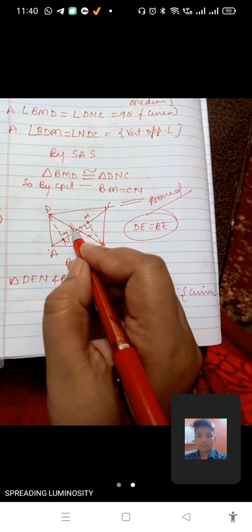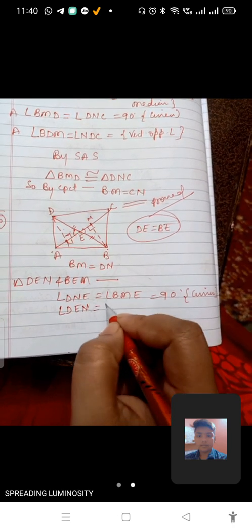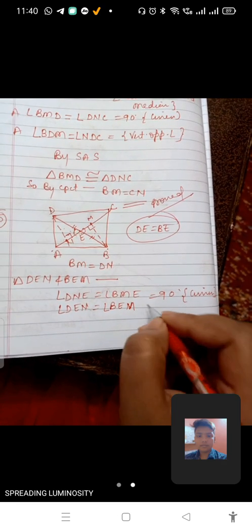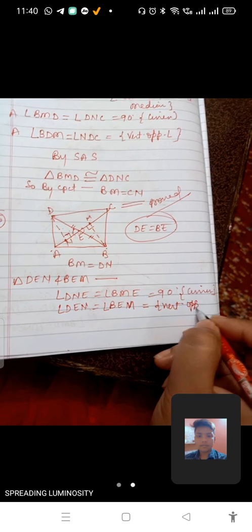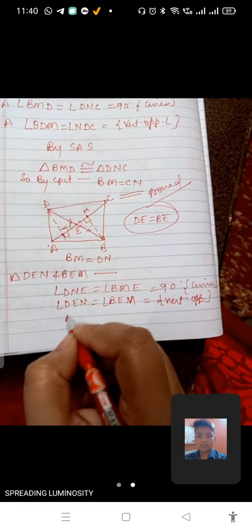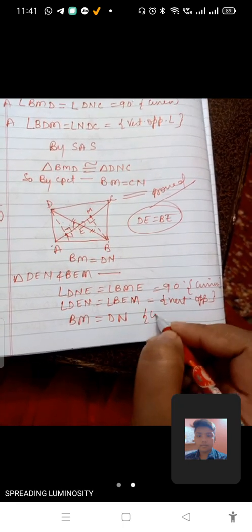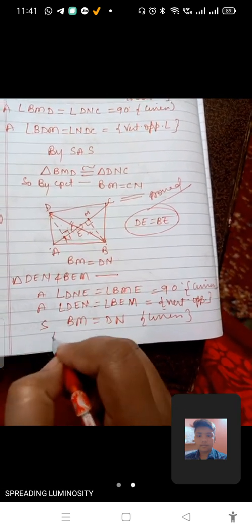Second is vertically opposite angles are equal. Angle DEN is equal to angle BEM, vertically opposite angles. This is the reason. And third, it is given BM is equal to DN.